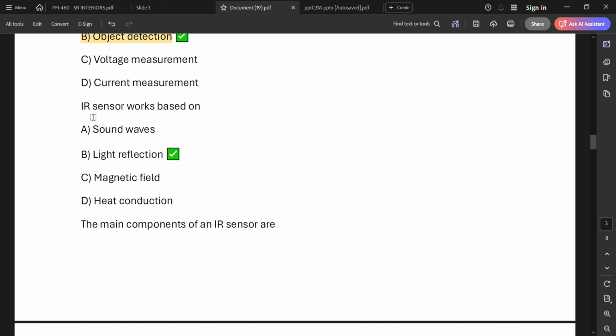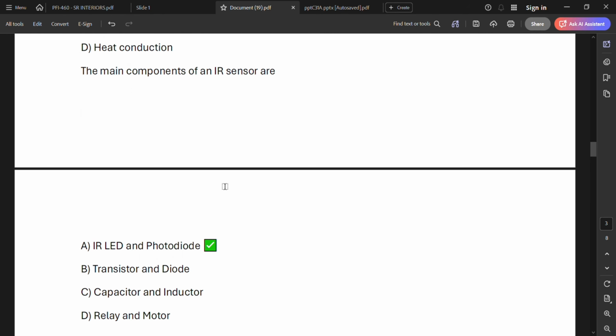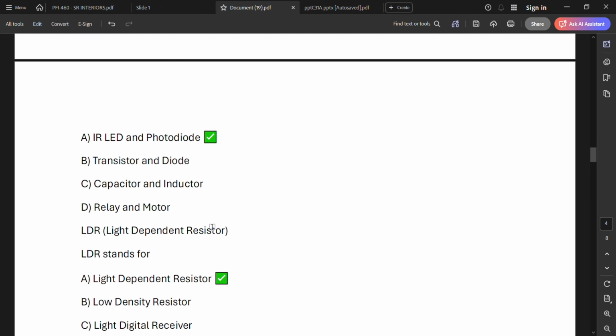Next question. IR sensor works based on sound wave, light reflection, magnetic field, or heat conditions. The correct answer is option number B. Next, the main components of an IR sensor are IR LED and photodiode, transistor and diode, capacitor and inductor, or relay and motor.